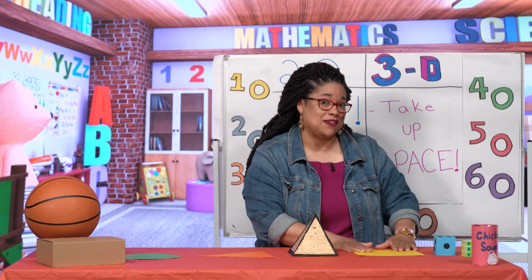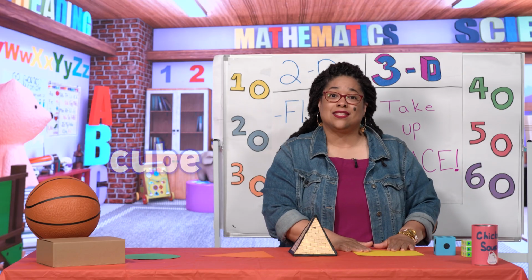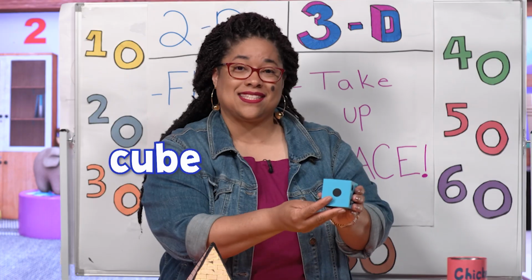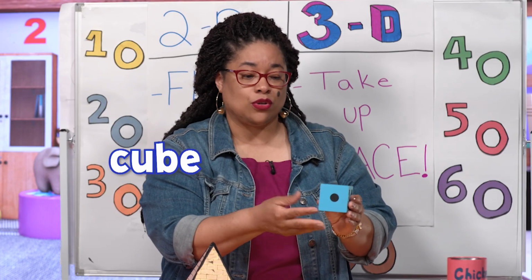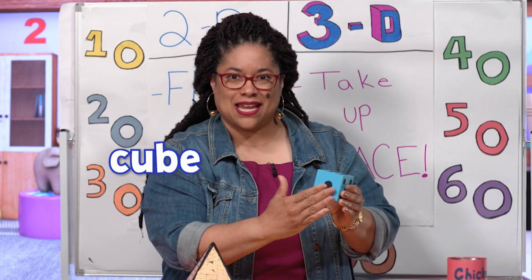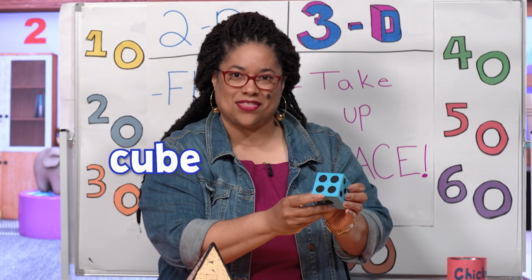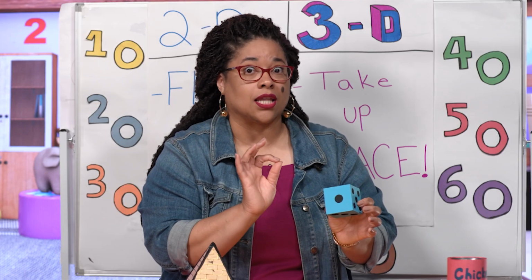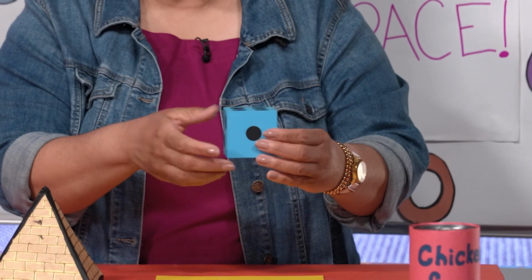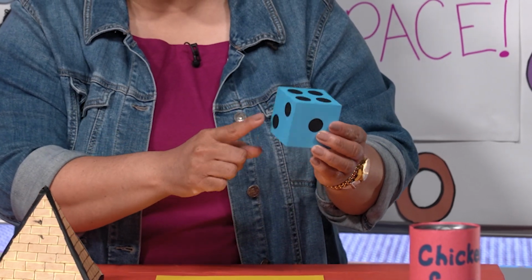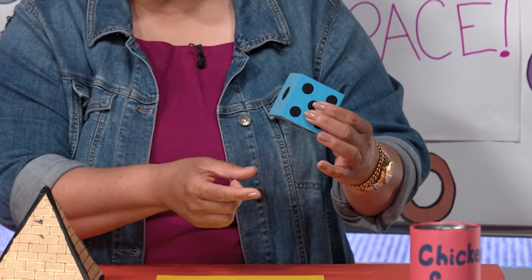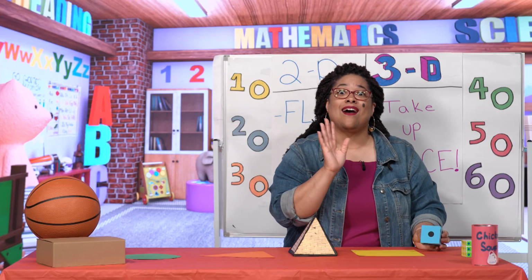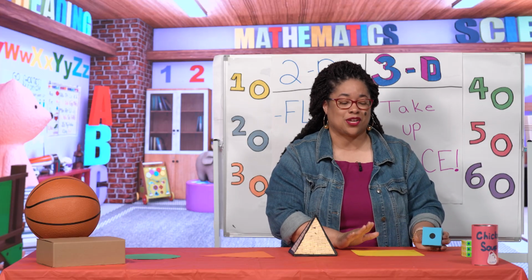Now, the 3D friend of the square is the cube. That's this right here. Now, do you see how many flat sides we can see on this cube? There are a lot. And just look at all of the straight edges that we see on our cube as well. And there are even corners on our cube.